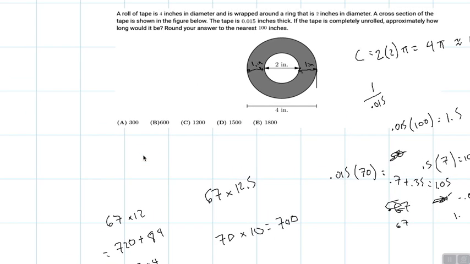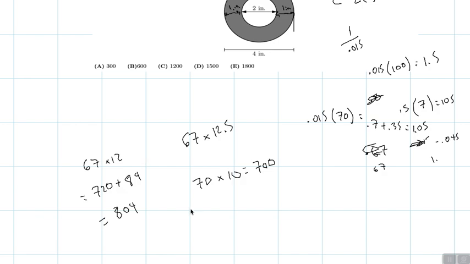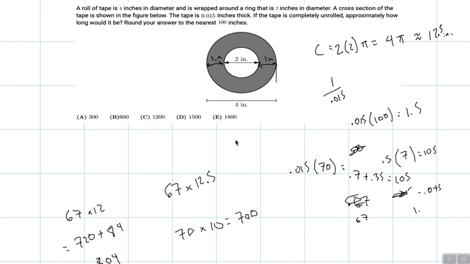It's not quite close to any of these. So I wonder. Let's think here.